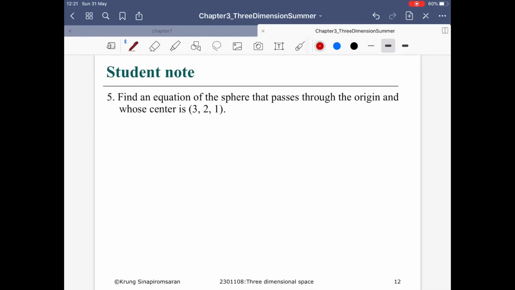How about this one? You need to find the equation of the sphere that's passing through the origin, and the center is 3, 2, 1. So what you don't have is the radius, right? You can find the radius because the sphere is passing through the origin 0, 0, 0.